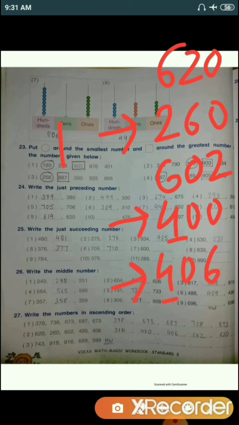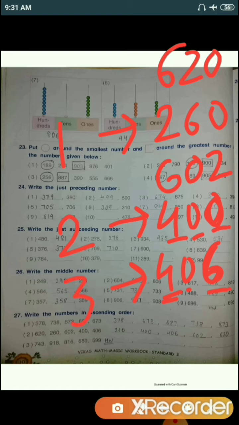The second digit is also 0, so we'll concentrate on the third digit. Here 0 and here 6 is given. Which one is the smallest? 0 or 6? 0. So we'll give second rank to 400 and third rank to 406.